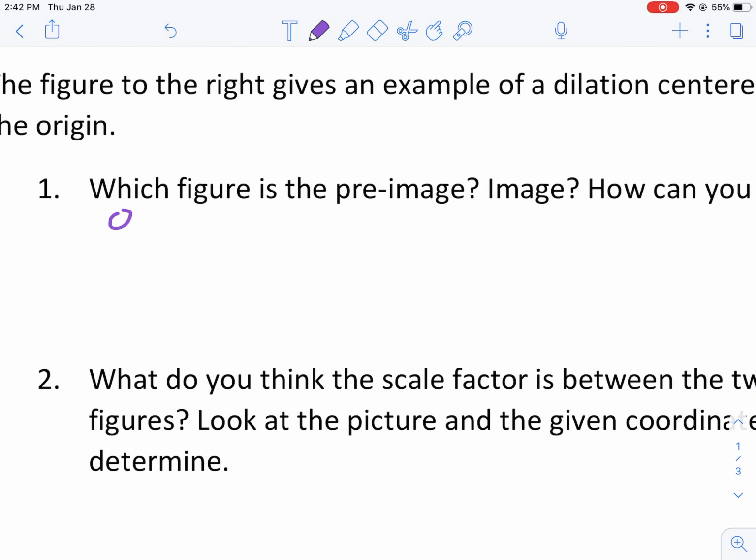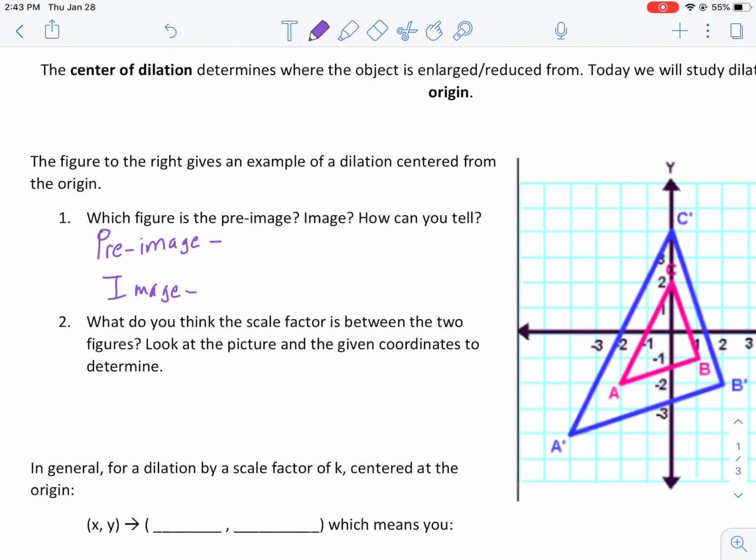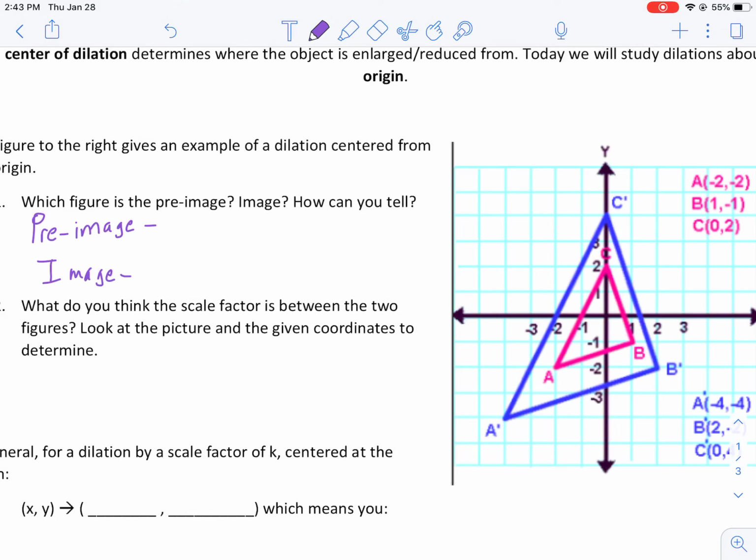So this is kind of a little bit of review back from our transformations unit, but the pre-image and the image, right? Which is which? Remember, the pre-image is obviously first, so the image is after the transformation. And if you remember, after you do a transformation, that's where we add the primes.